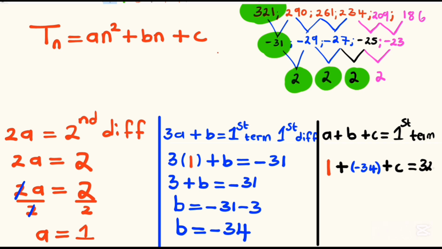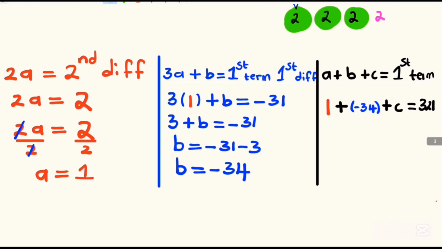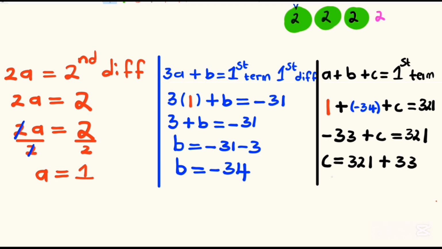So 1 plus negative 34 will be equal to negative 33, plus c is equal to 321. And we move the negative 33 from the left to the right, it will change sign to positive 33. And 321 plus 33 is equal to 354.